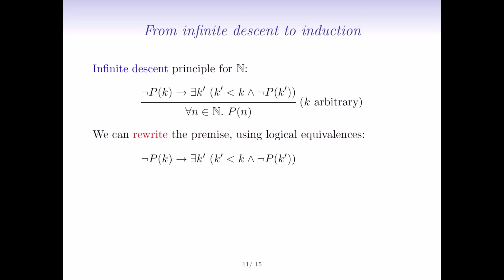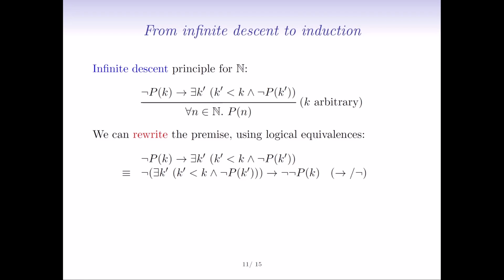So here's the premise of infinite descent. So it's just this guy again. And the first thing that I'm going to do is turn this around by remembering that the implication A implies B, for any A and B, is just the same thing as not B implies not A. So if I do that, I get that not exists k prime such that k prime less than k and not P of k prime, and P of k, implies not P of k.